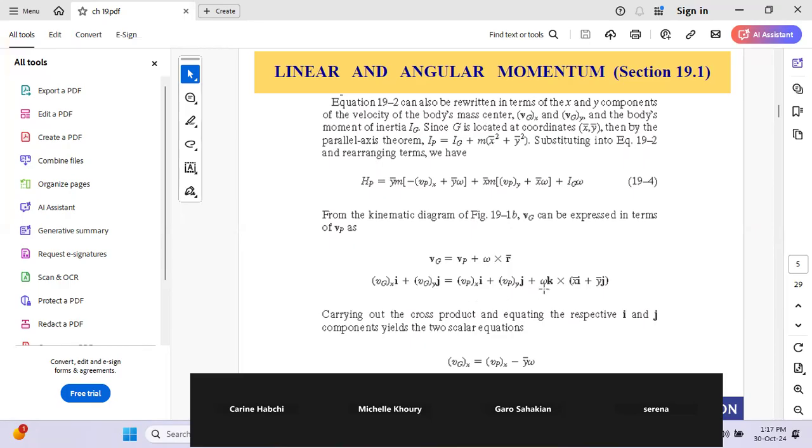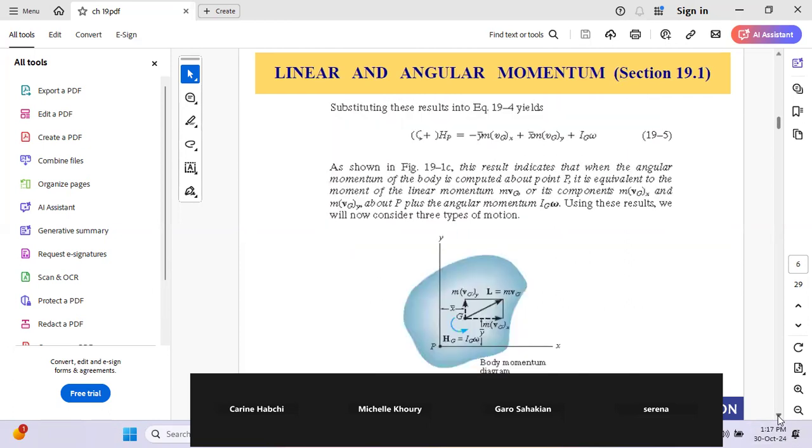So first, from here, we can get an expression for Vpx, Vpy as a function of Vgx, Vgy, replacing them in our equation here.